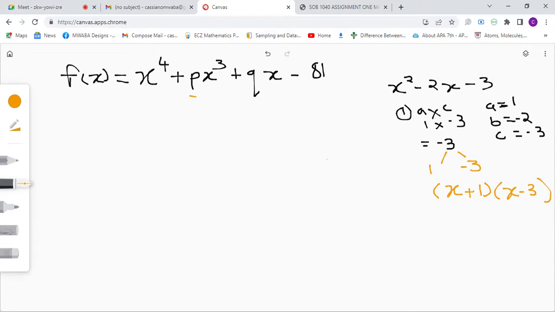So we're going to first find our critical value. We'll start with this first factor here, x plus 1 equals 0. Therefore, x equals negative 1.